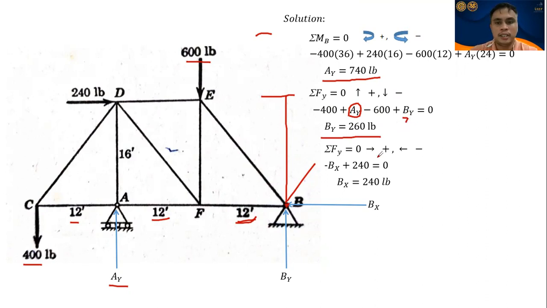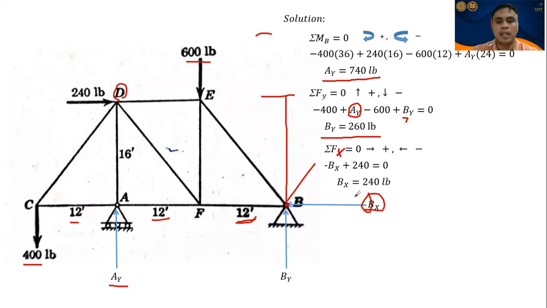So, here, class, summation of forces in X equals 0. Going to the right is positive, going to the left is negative. So, there are two forces in X that we can see here, class: B sub X and the 240 pounds acting at point D. Okay?